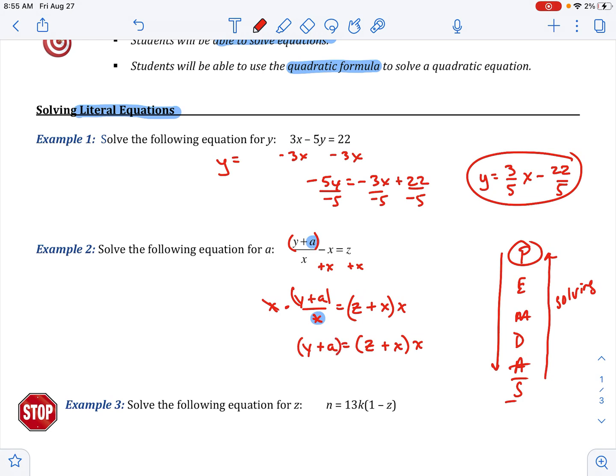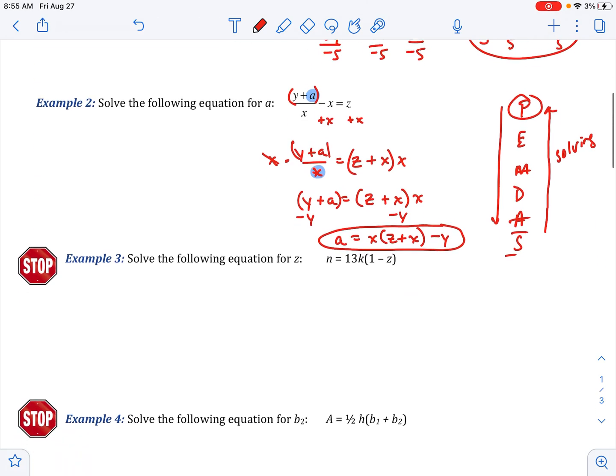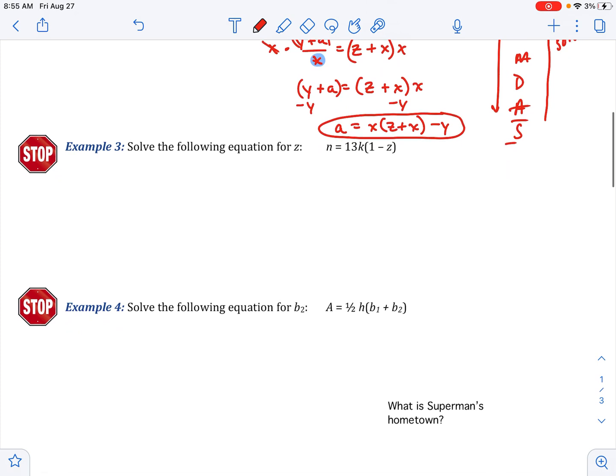So therefore, now what our objective is to do what's inside the parentheses, and that is if I want to get the a by itself, I am going to subtract y to both sides. And so now a ends up being an x times a z plus x and then minus y. All right, so just something to think about in terms of when we're going to solve, we want to go in opposite order of operations.